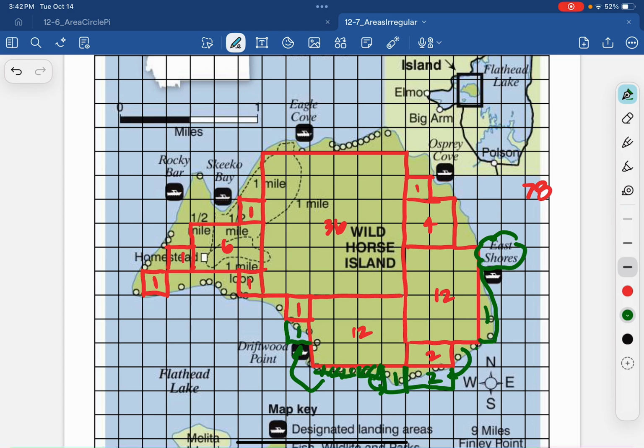Let's see, how do I want to do this one? I'm going to put this one with that one, and I'll make a 1. I am going to put this one with that one, and it would make a 1. And I'm going to put this one with that one, and it would make a 1. Okay, so that one's out, that one's out.